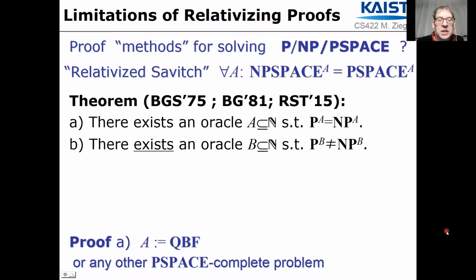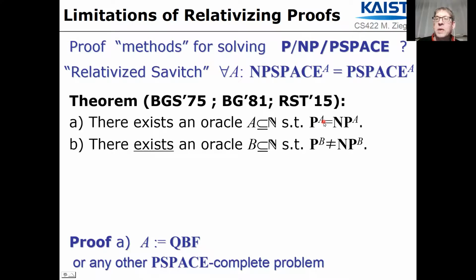That's easy. Quantified Boolean formula is such an oracle, or any other PSPACE-complete problem. Why is that the case? Well, if you can make oracle queries to a PSPACE-complete problem, then P relative to PSPACE is simply the same as PSPACE itself, right? It obviously contains PSPACE because we can simply relegate any input to this PSPACE problem.